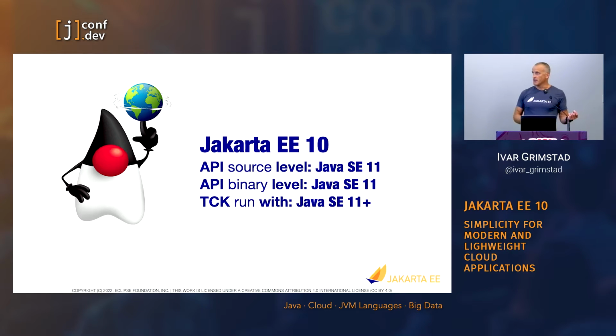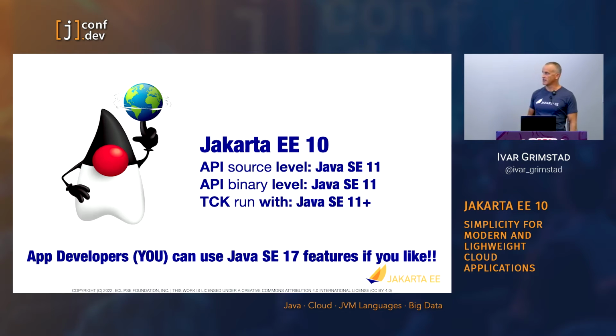Another thing we did with EE 10 was to raise the API level. The language level is raised to Java SE 11, which means that in order to use Jakarta EE 10, you have to use at least Java 11. But you can use newer versions, and most of the implementations are using newer ones.